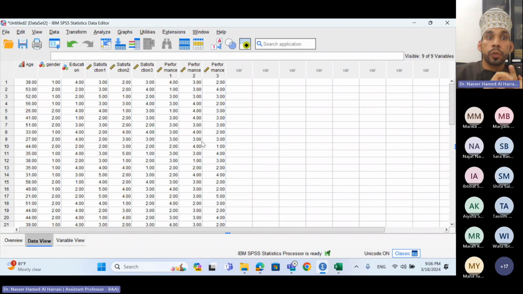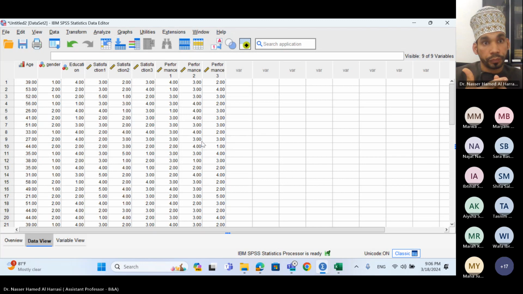Then the second objective, to measure the impact of employee satisfaction on employee performance. So in the first objective you are measuring the relationship, in the second objective you are measuring the impact, and in the third objective, for example, you are measuring the variance. So let us start with the first one, the relationship.